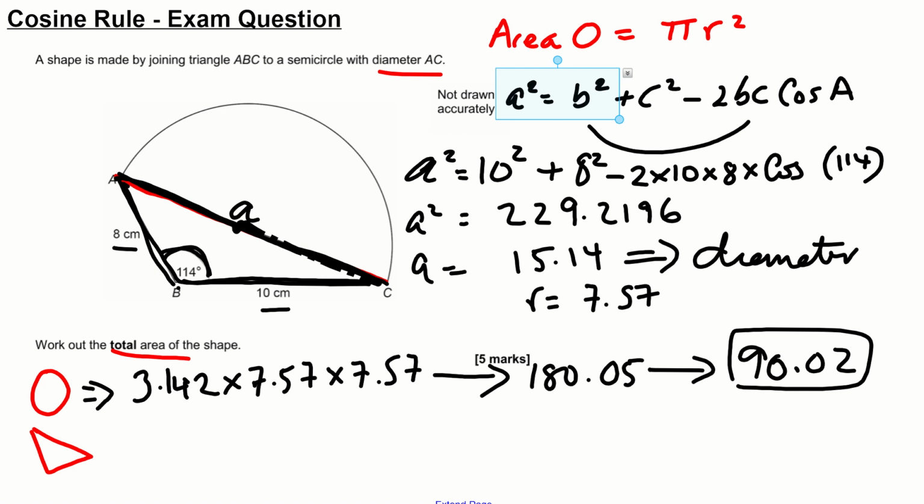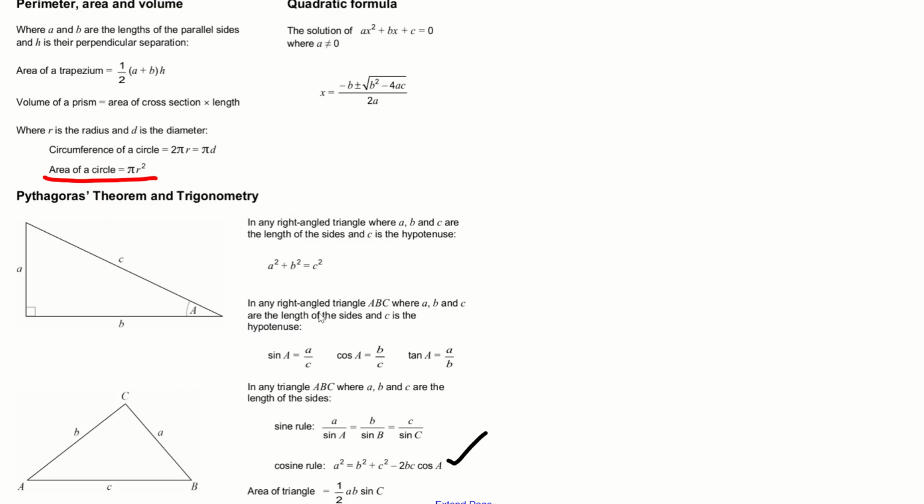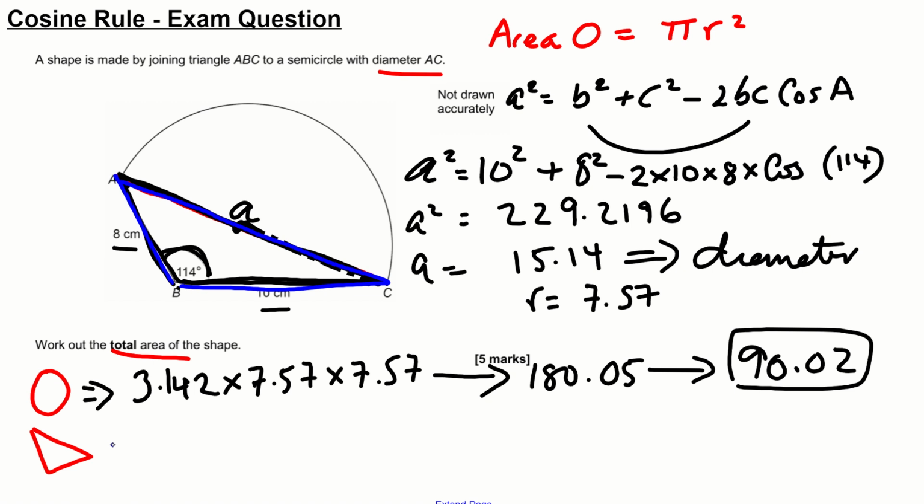But to finish the question off, I need to work out the area of this triangle. You need to be familiar with your formula page. The formula page has this formula at the bottom, which says area of a triangle is half AB sine C. That works out the area of any triangle.